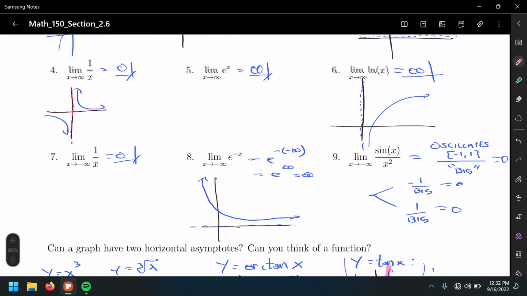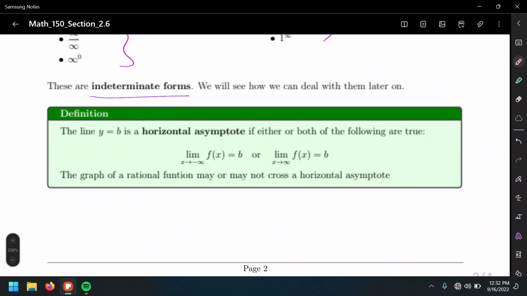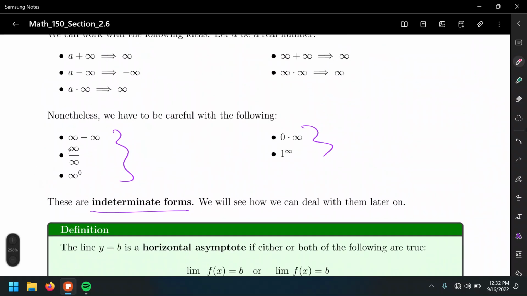Yes, that's the one we're discussing. In chapter 3 or chapter 4, we're going to look at infinity minus infinity, infinity to the 0, 0 times infinity, and 1 to the infinity. Those are going to be weird indeterminate forms.